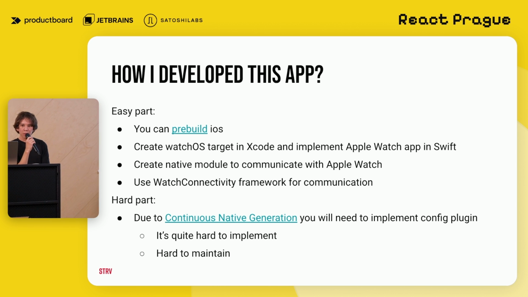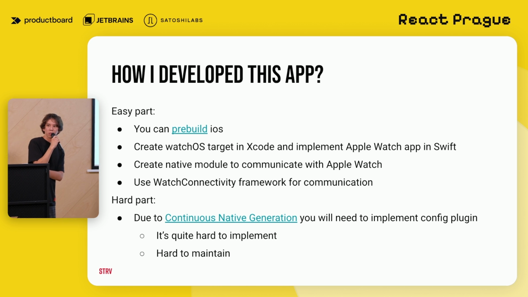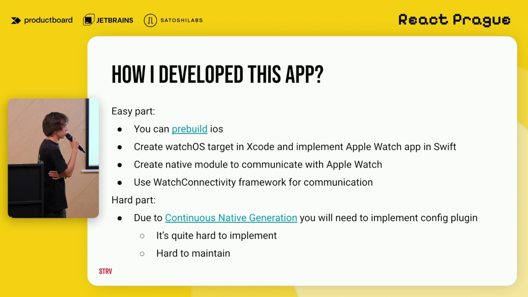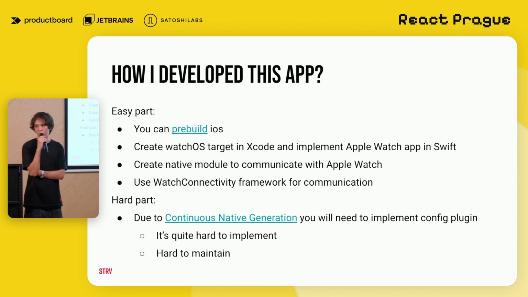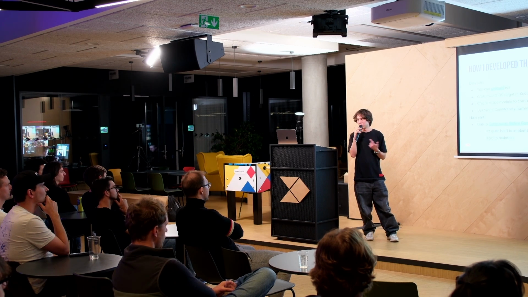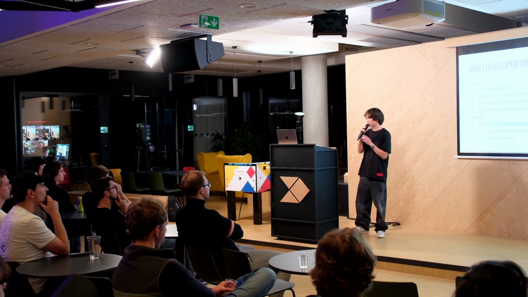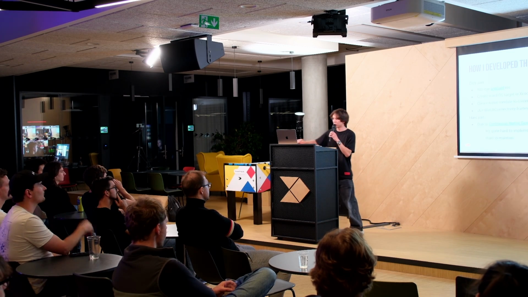Then for the mobile application, you will need to implement native modules to communicate with the Apple Watch. For this native module and for your Apple Watch, you will probably use the Watch Connectivity framework, which is basically a framework for sending messages between the mobile application and the Apple Watch application.